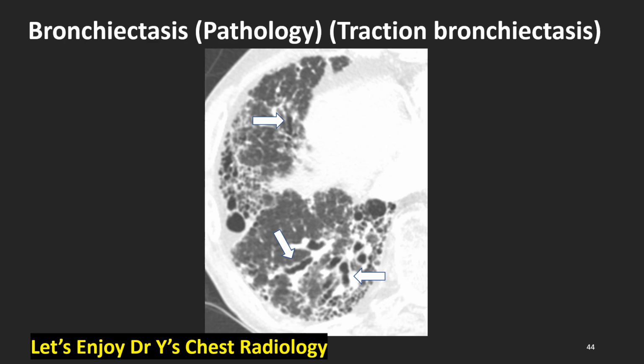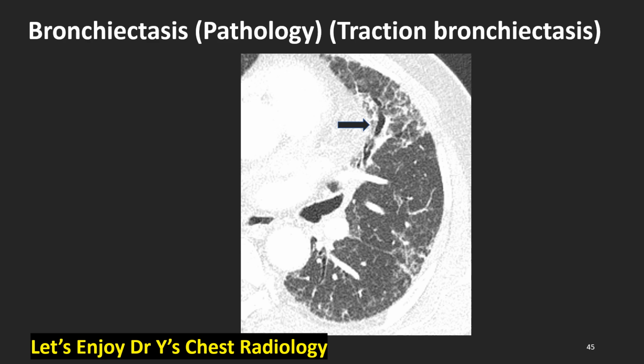Bronchiectasis pathology, traction bronchiectasis. 3 arrows indicate traction bronchiectasis in UIP patient. Arrow indicates traction bronchiectasis in ILD patient.